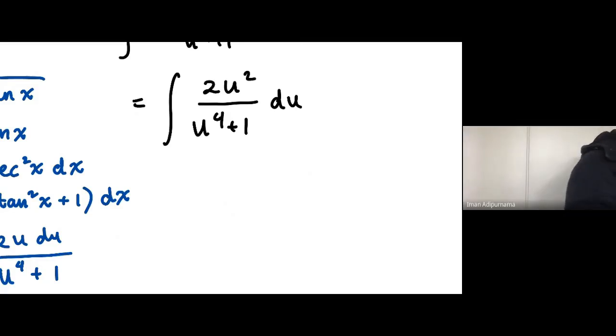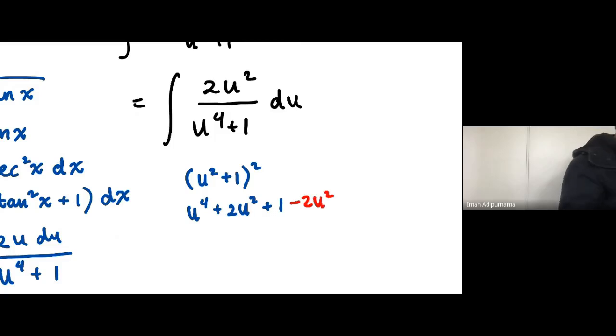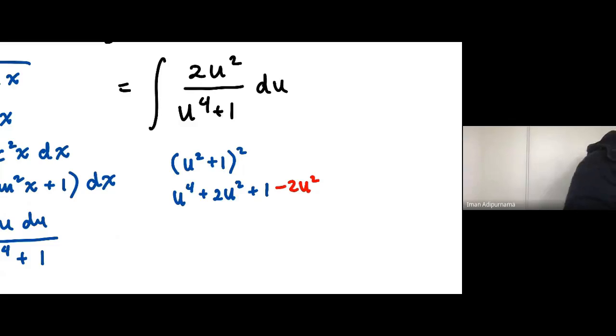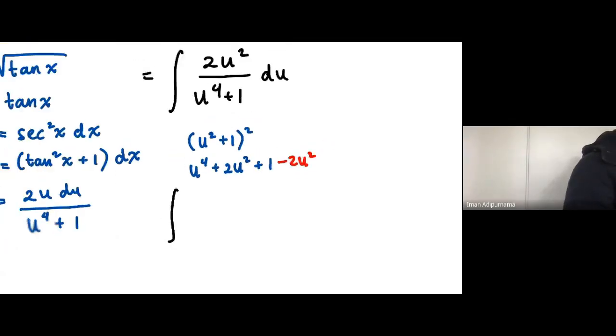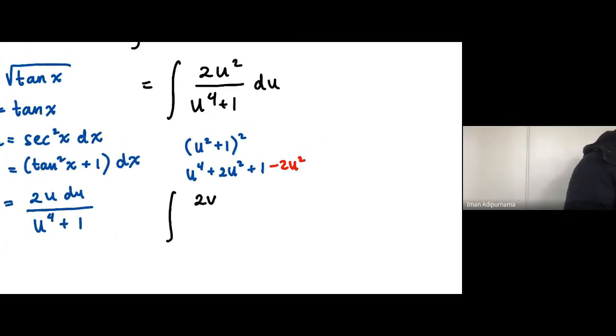So let me write, if I have u squared plus 1 squared, just checking, okay, so I need to minus 2u squared, right?